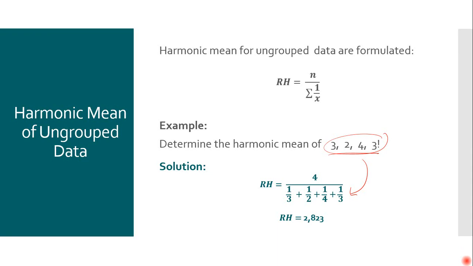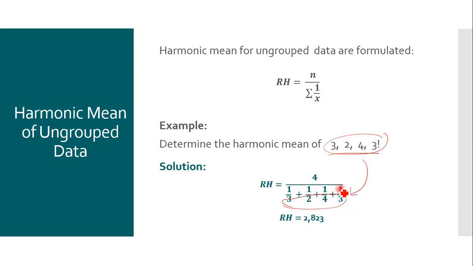Okay, let's work on this multiplication. RH equals 4 divided by 1 over 3 plus 1 over 2 plus 1 over 4 and 1 over 3. We can add the fractions with different denominators.